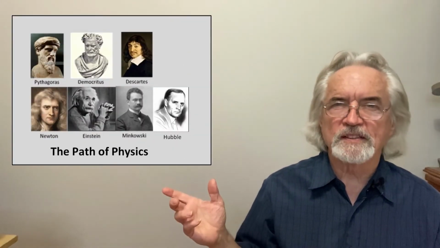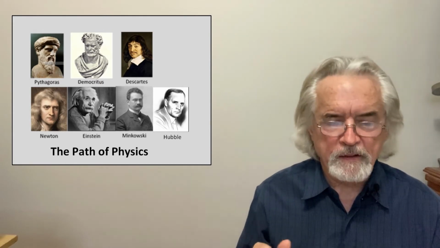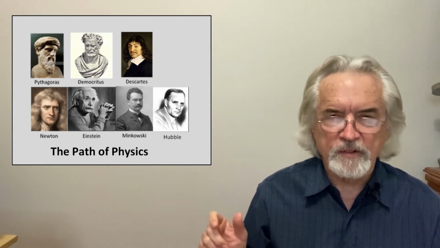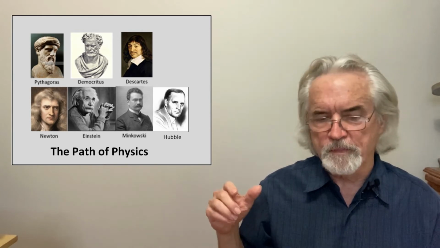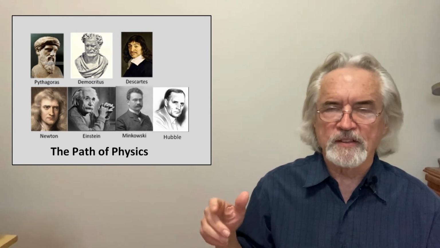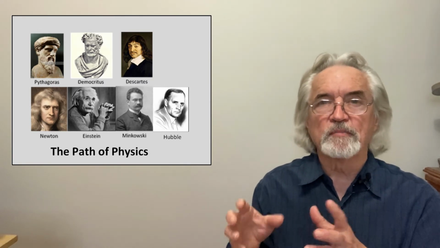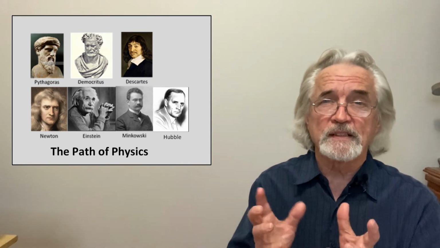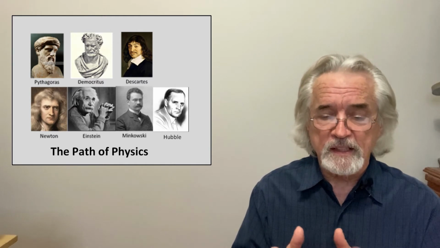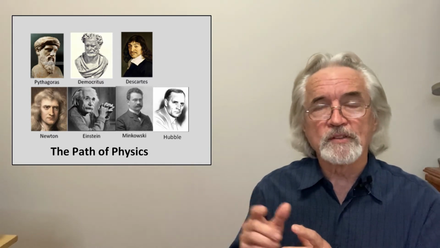So what you see in this image represents the path of physics. Here we have the great minds of physics: Pythagoras, Democritus, Descartes, Newton, Einstein, Minkowski. And Minkowski is the one who developed space-time geometry from Einstein's work. And then Hubble, you see Hubble there.